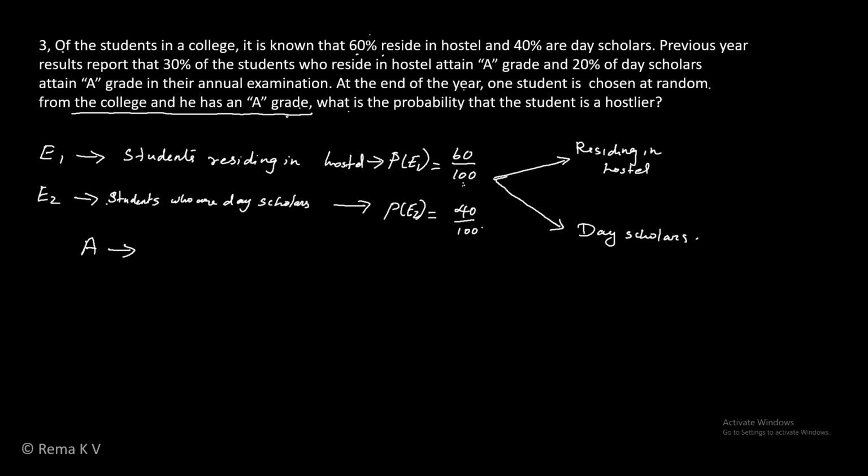This is known to us. It is a known condition. When a student is chosen at random, he has an A grade. That is the known result to us. So A is getting an A grade.